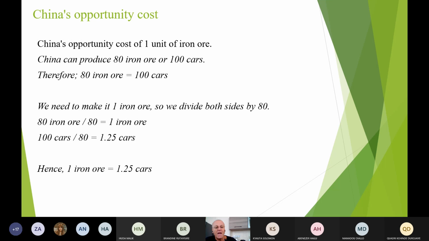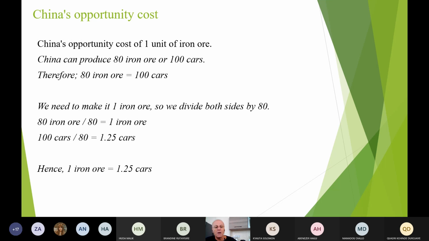Therefore, we are dividing 80 iron ore by 80 for being able to estimate the comparative advantages, which is going to give us 1 iron ore, and then we divide the 100 cars by the 80 iron ore, which gives us 1.25 cars, which is a little bit higher.